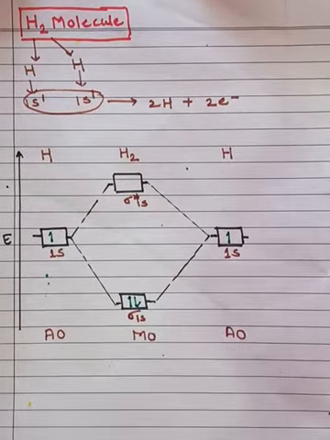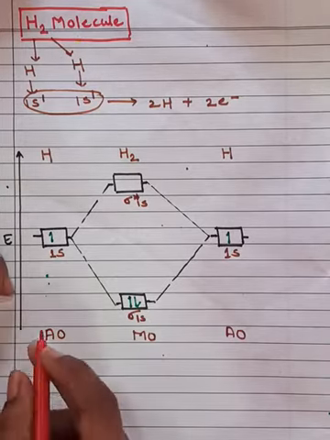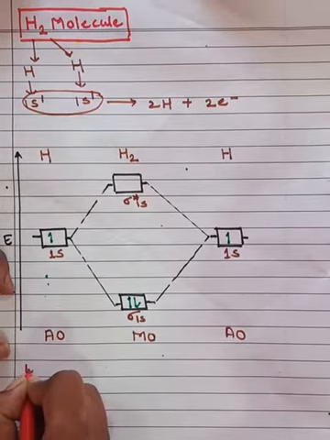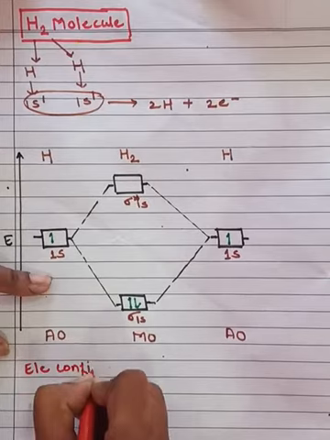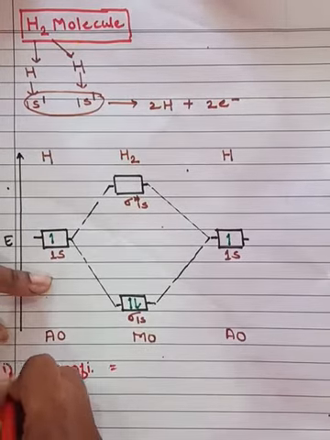So this is the filling of electrons in the MO energy level diagram. Now from this, let us find out the first factor. What is the first factor? That is the MO electronic configuration, or the molecular orbital electronic configuration, of the H2 molecule. What will be the molecular orbital electronic configuration of the H2 molecule?